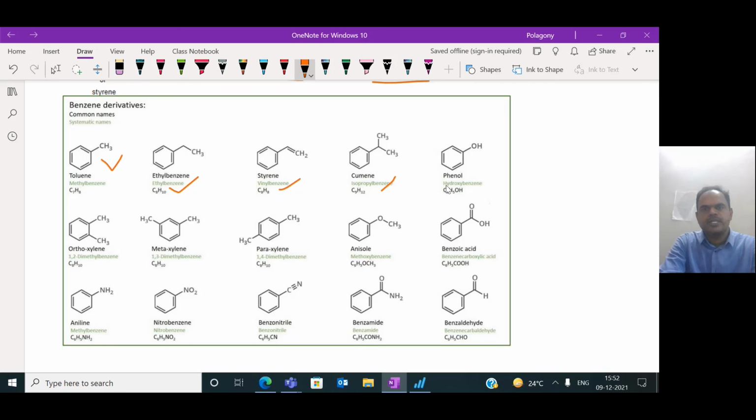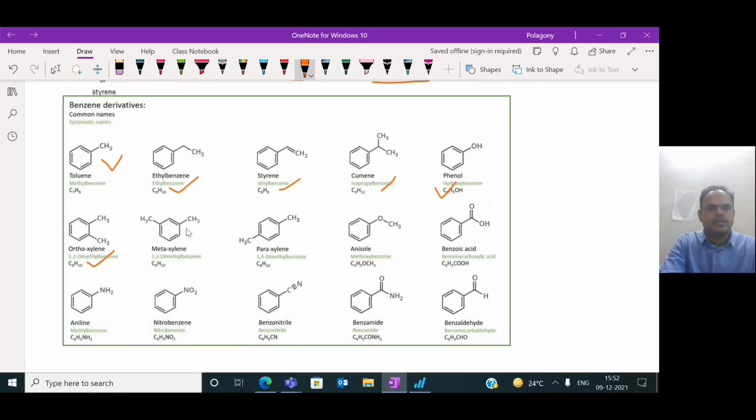Isopropyl benzene is called cumene, and this is phenol, hydroxybenzene. Methyl groups are present on the 1st and 2nd carbon: 1,2-dimethyl benzene.